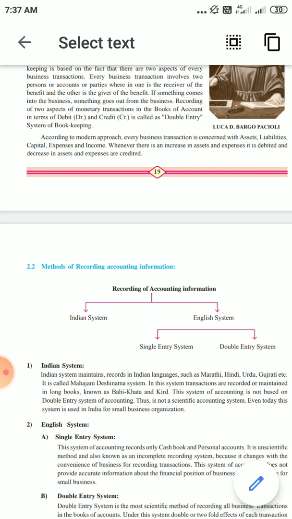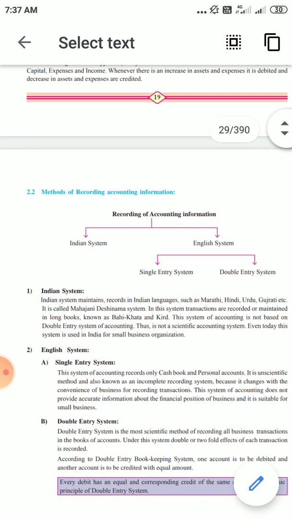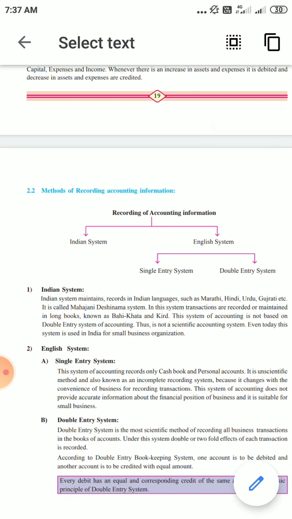So according to the vernacular language, that is your Indian language, the accounts will be maintained. It is recorded in a long book which is known as Bahi Khata. Okay, so this record will be a big, long book.